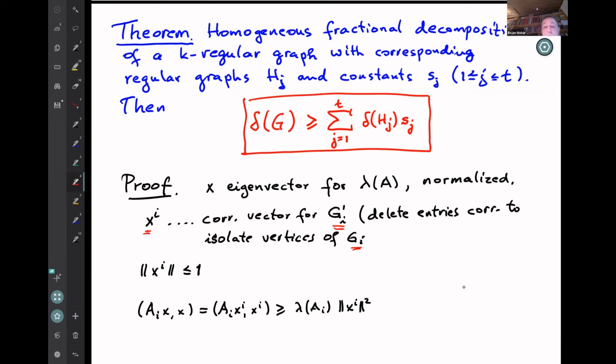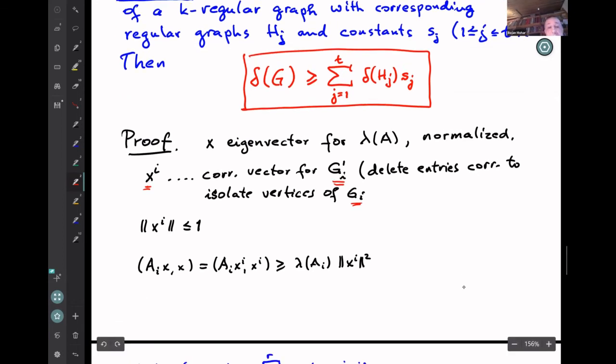Those are just removed, so it's just the restriction of the vector to the vertices of G_i prime. This restricted vector will in general have smaller norm than 1, maybe even a lot smaller.